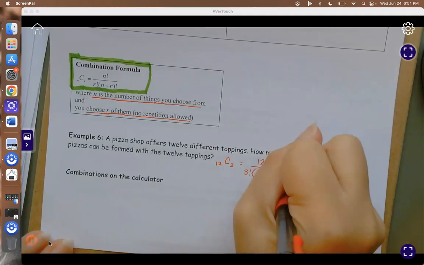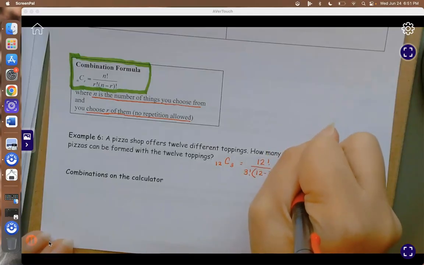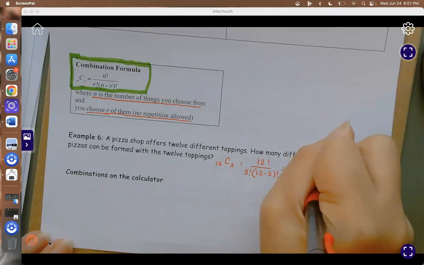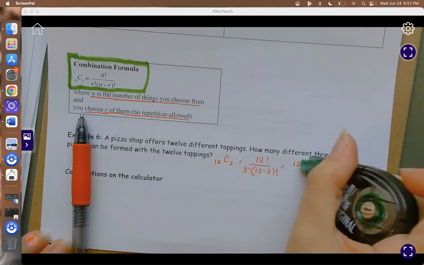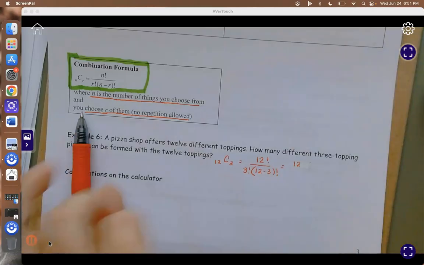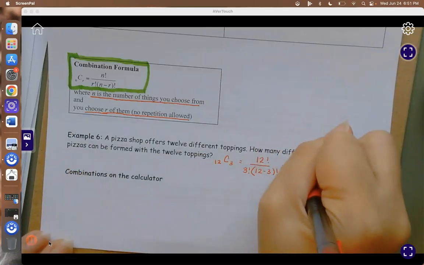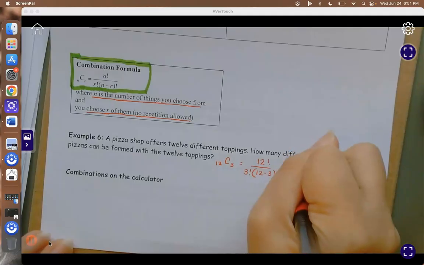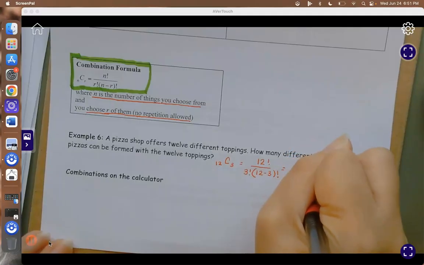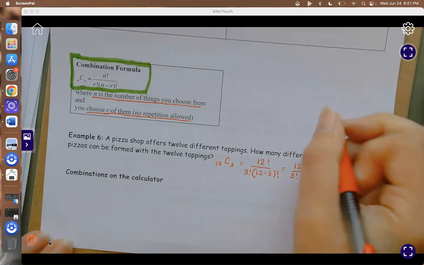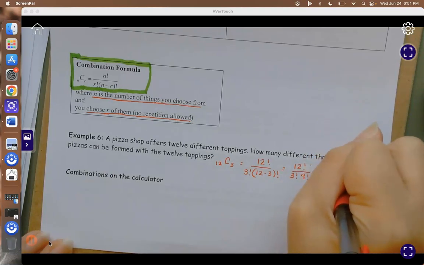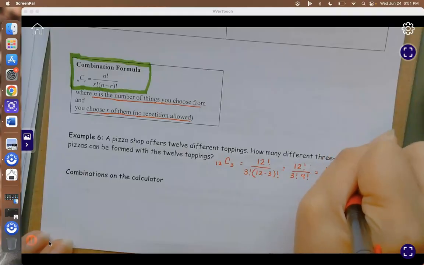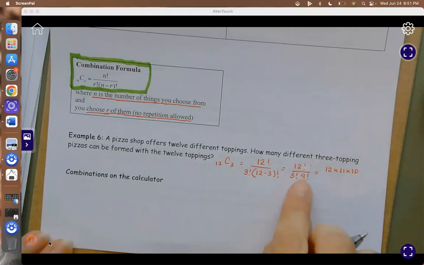So let's do this first. This is 12 factorial over 3 factorial times 9 factorial. So if we break this down, this is 12 times 11 times 10, because that takes out that 9, okay?